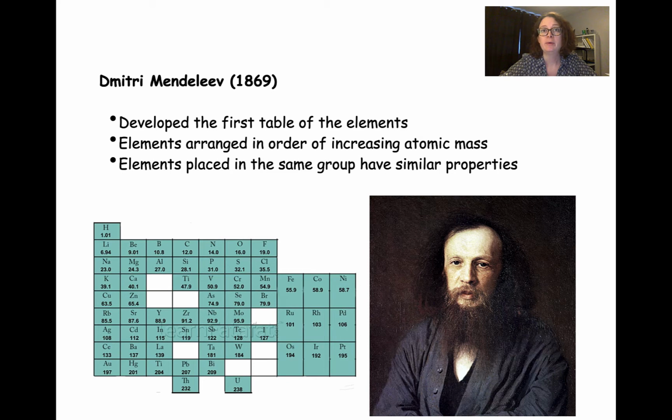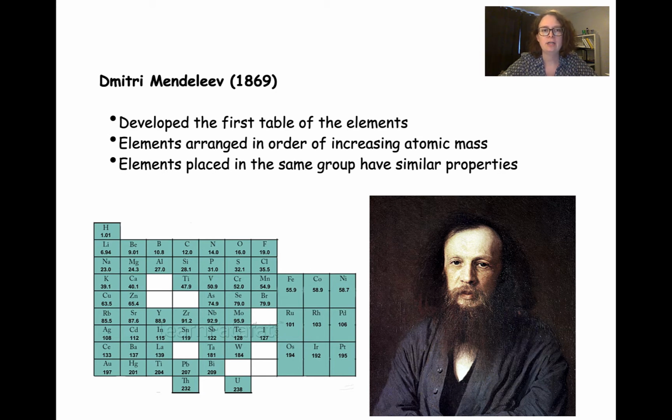For as long as we've known about elements, scientists have tried to organize and characterize the elements in a more organized and easily accessible fashion. And one of the first people to do this successfully was Dmitry Mendeleev, and he developed the first table of the elements.